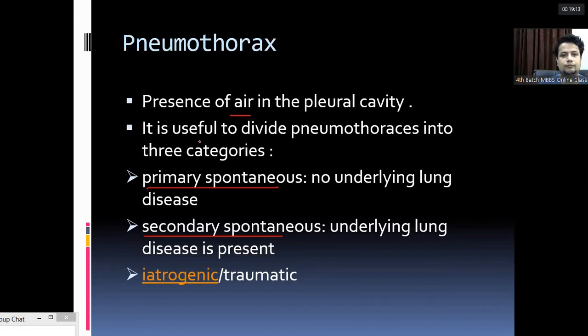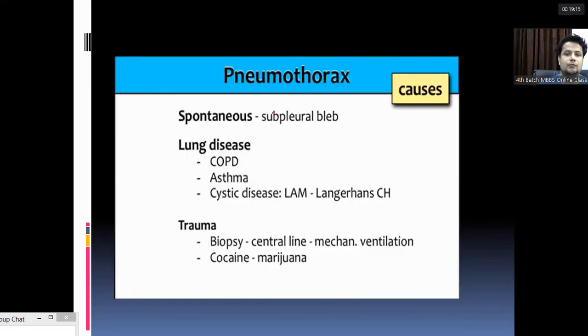So spontaneous pneumothorax is usually due to rupture of a subpleural bleb. The bleb is a cystic structure usually in the lungs, and it may rupture causing spontaneous pneumothorax. Sometimes the pneumothorax may be associated with an underlying lung disease like COPD.